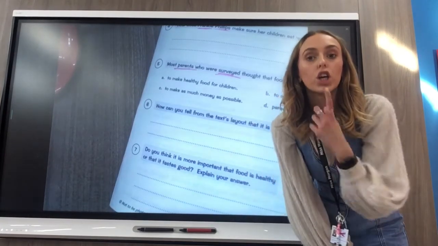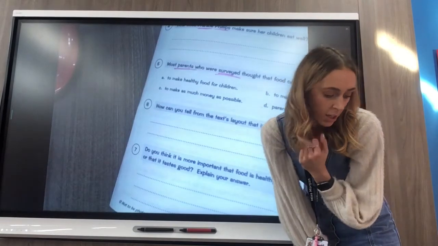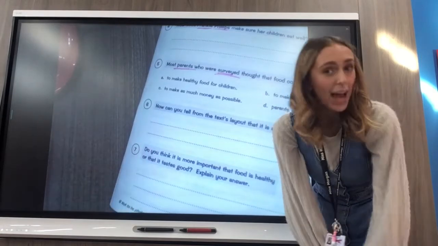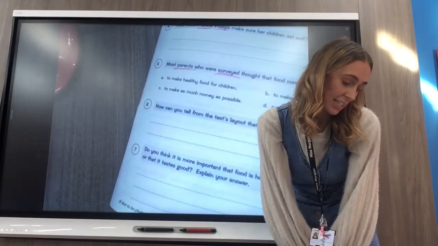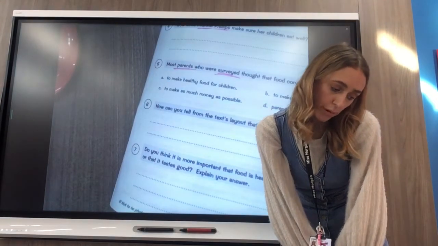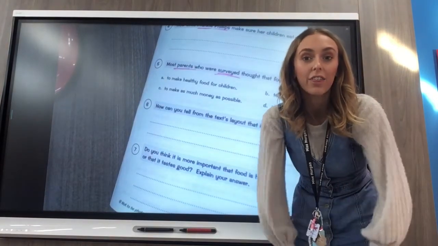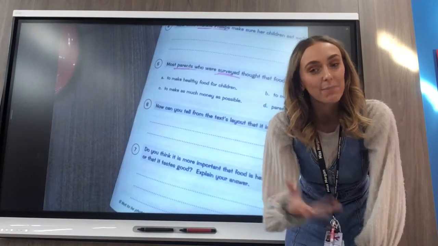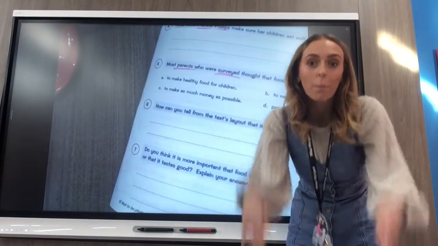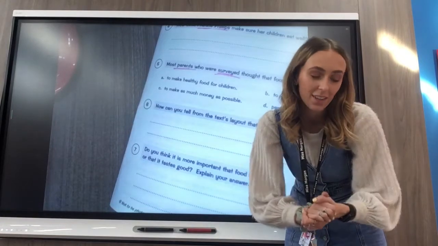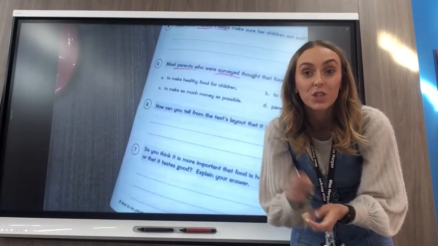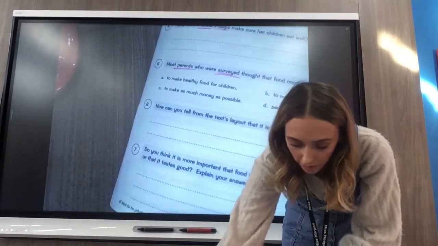We have been using the conjunction because, but you could use a different conjunction in this sentence. So if I was writing this answer, I would write, I think it is more important that food is healthy so that my hair grows long and luscious, or my skin glows. Okay, what conjunction did I use there instead of because? I used so. So that.